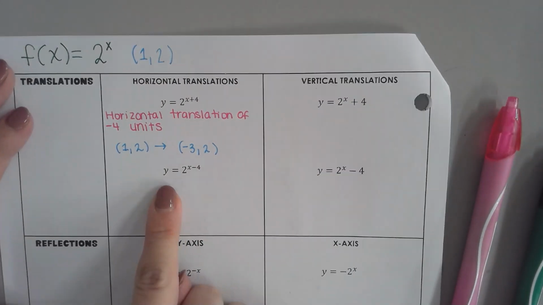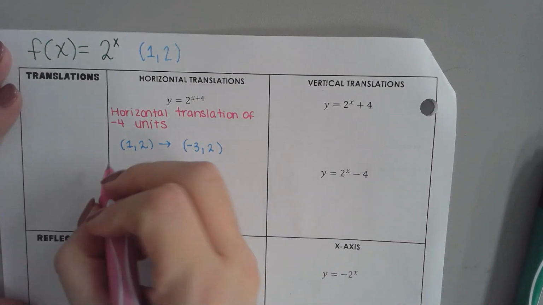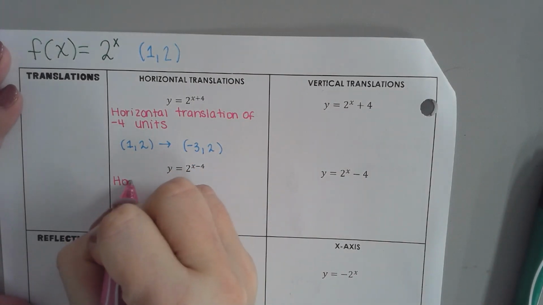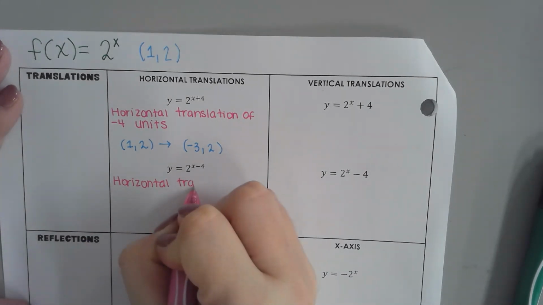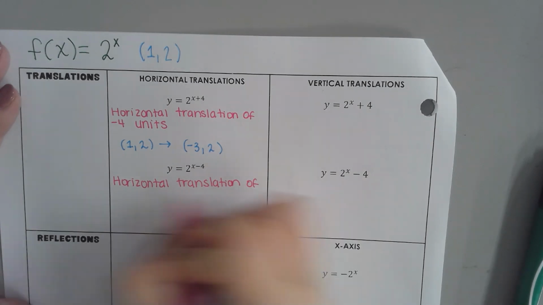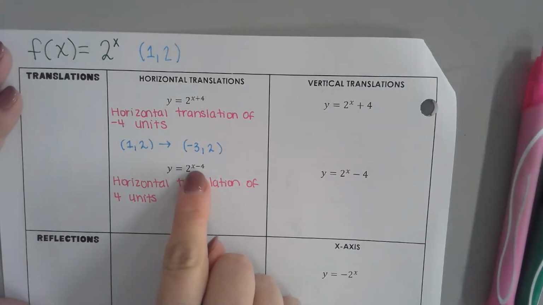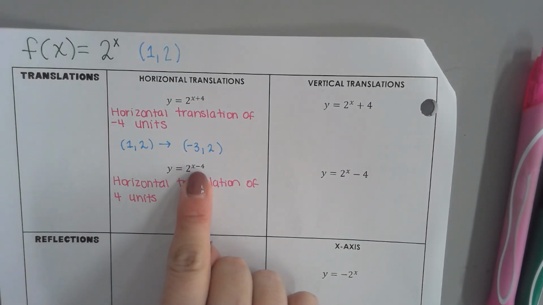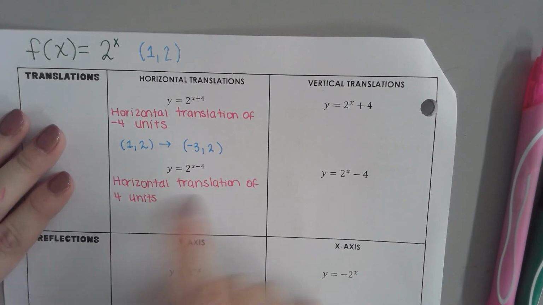Now this one is 2 to the x minus 4. That is a horizontal translation of 4 units. So even though it says -4, we do the opposite. It's +4. It goes right 4.